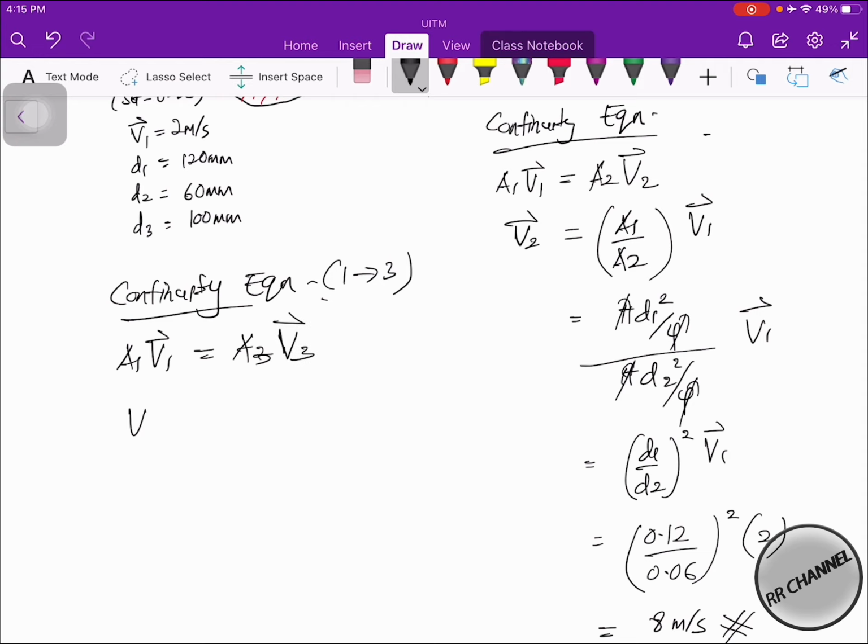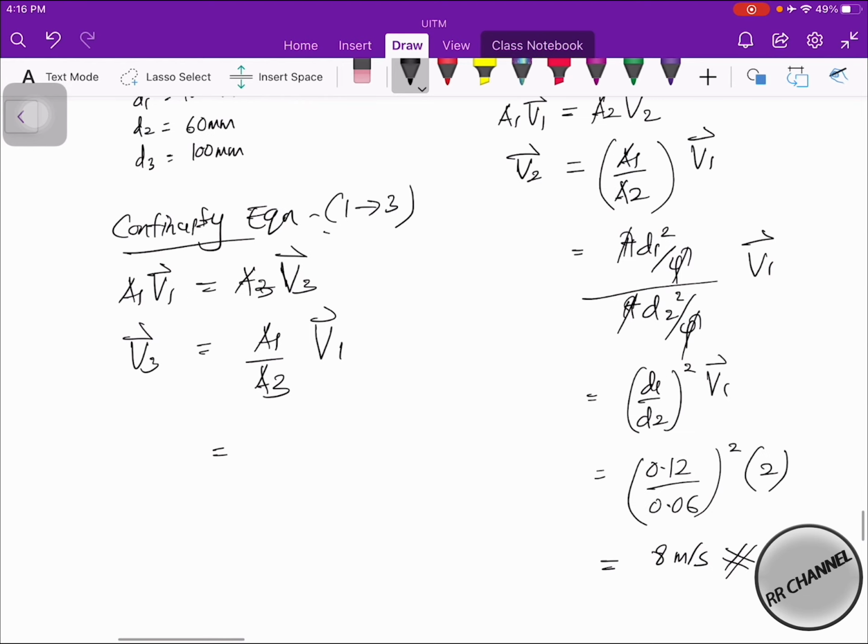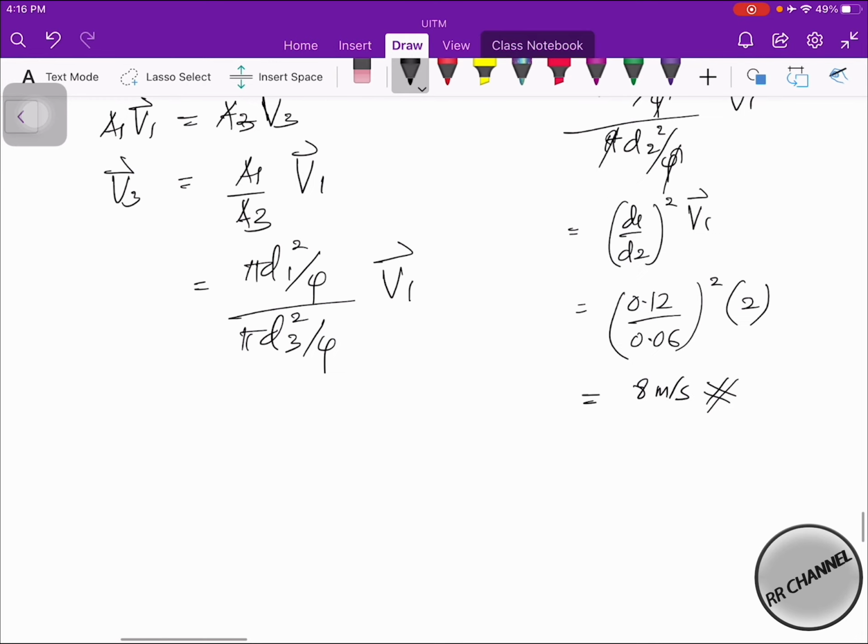So here, in order to get V3, you have A1 over A3 times V1. The inlet area here is pi d1 square over 4, over pi d3 square over 4, times V1. Same case as the previous equation: d1 over d3 squared, times V1.